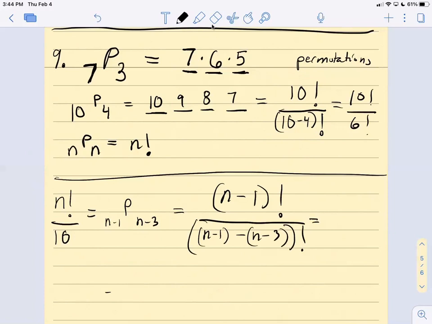Then n minus 3 is 2 spots less, so 100P98 is basically 100 factorial, but it's 100 times 99 all the way down to 5, 4, 3, and it doesn't go down to 2 and 1. You've got to cancel those out.